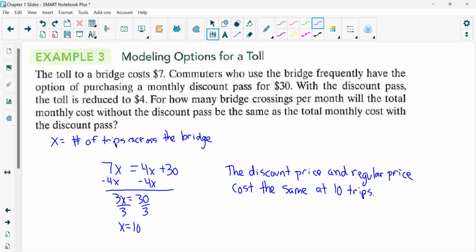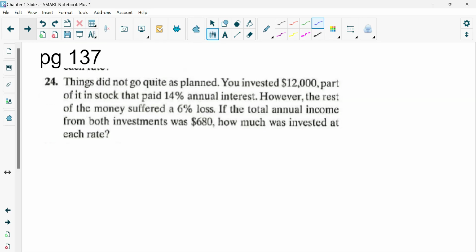All right, and then our last one is probably the most difficult to come up with an equation for. Go ahead and read that, and then we'll create an equation. We're going to need two answers here. We want to know how much was invested in the 14% interest and how much was invested in the 6% loss.